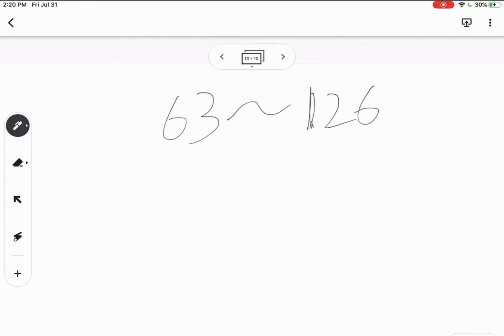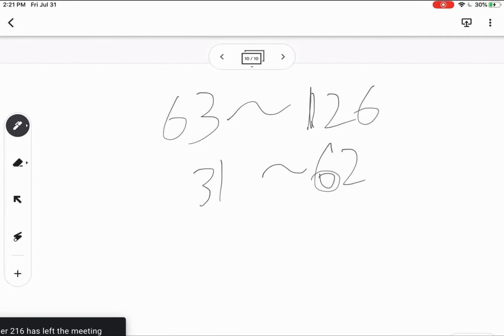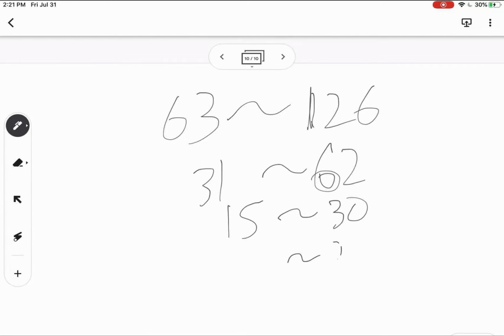If we have 2 numbers between 63 and 126, we're done, because it breaks our y over x less than or equal to 2. And the next set would be 31 through 62, 15 through 30, 7 through 14, 3 through 6, and then 1 and 2. And these are our 6 sets.